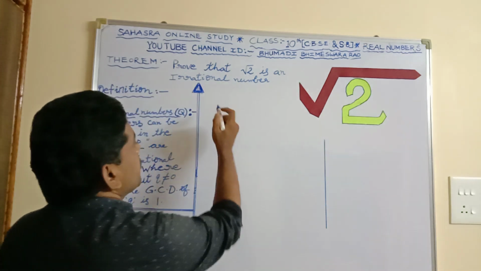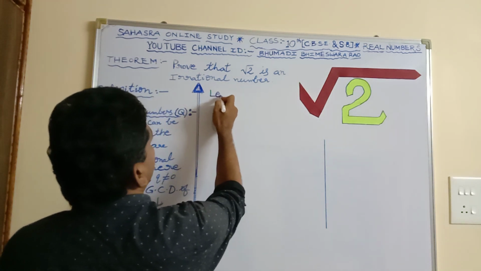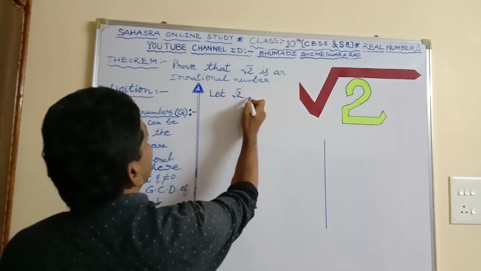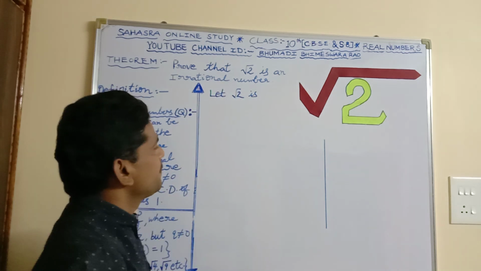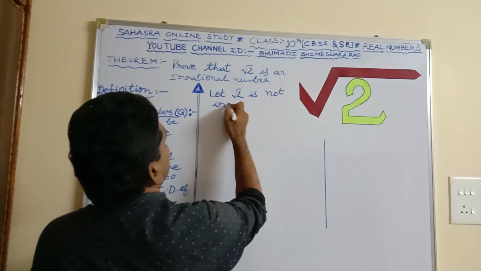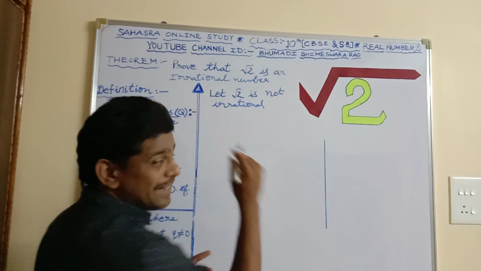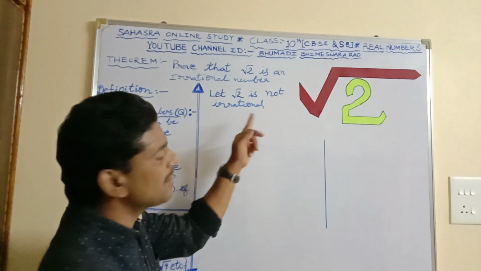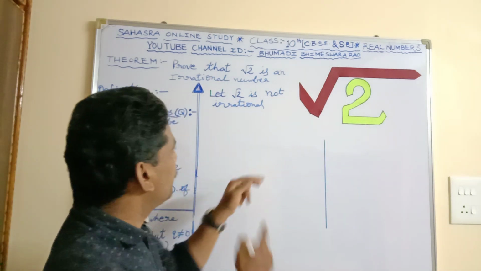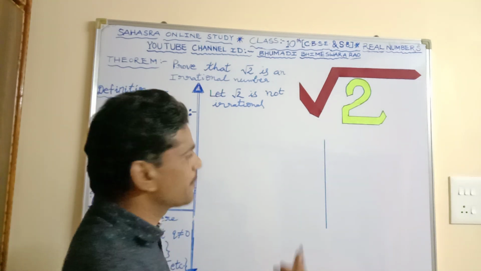In this method, let root 2 is not irrational. Taking in reverse order: if not irrational, what should it be? Yes, it should be rational.